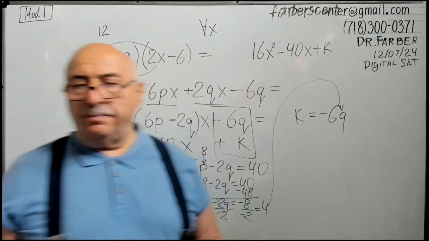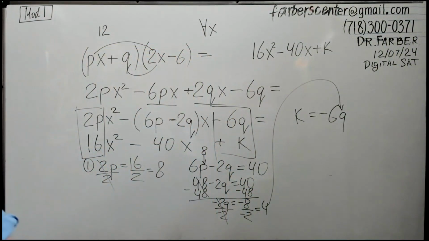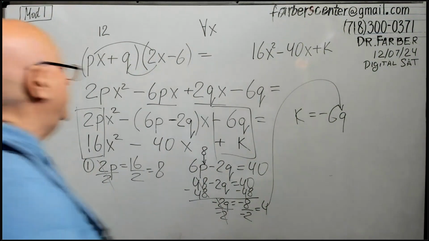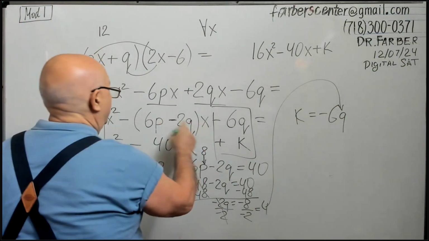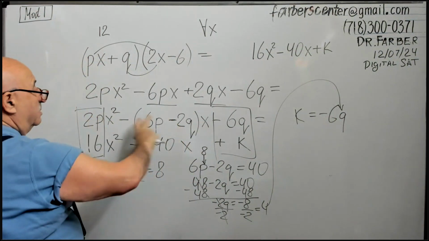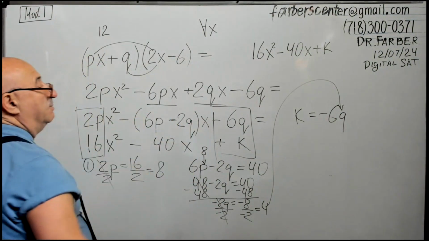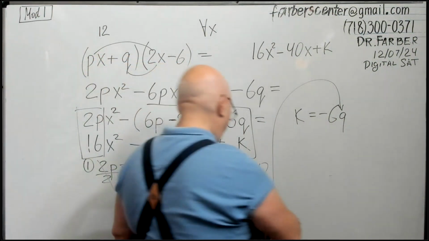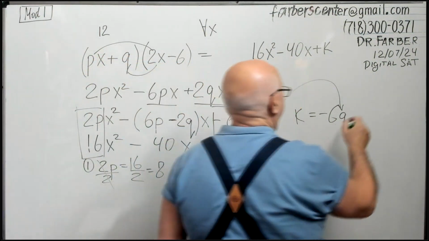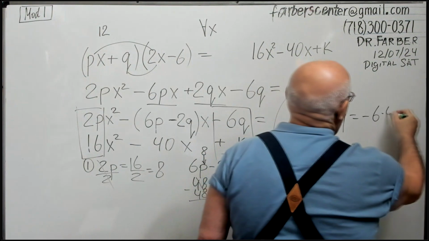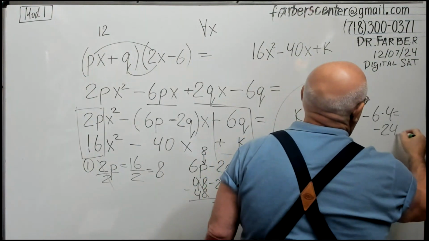Okay, somebody typing a question. What is your question? Why? Because they equal each other. Coefficients are supposed to match in front of x with the same power. But since we found q equals 4, plug in. Negative 6 times 4 equals negative 24.